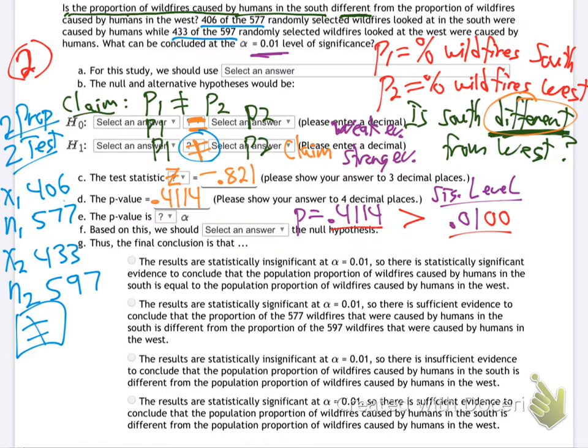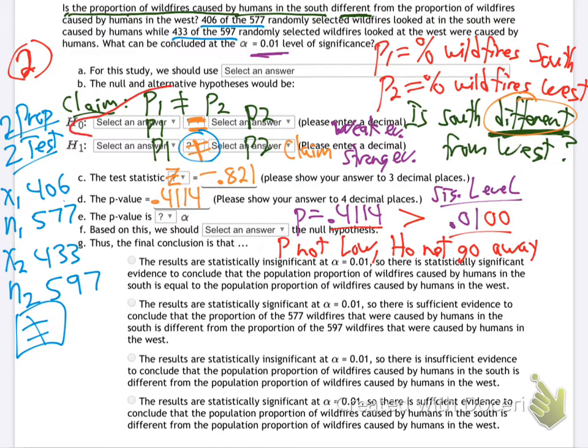No, that p's greater. It's not low. So when p is not low, H0 does not go away. So what does that mean then? If H0 does not go away, what do we do with H0?